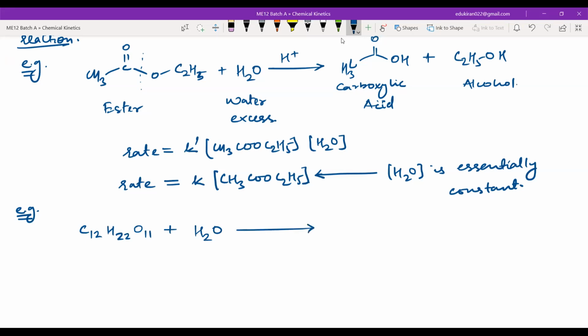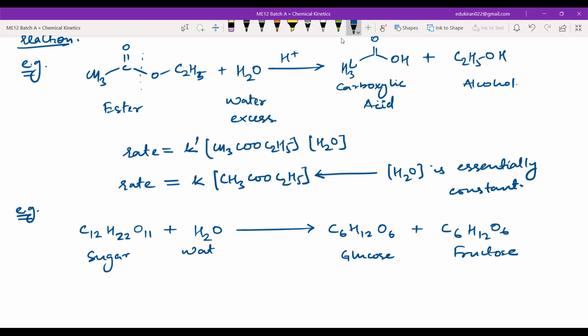Now this will give you glucose and fructose, C6H12O6 plus C6H12O6. One of them is glucose, the other one is fructose. This is sugar. This is water.